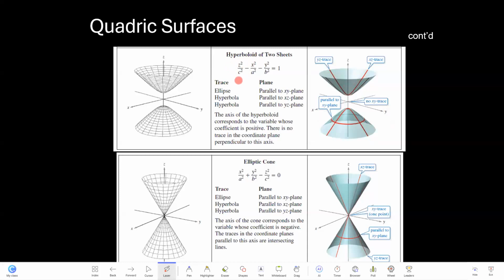If I change this, think about it. It's going to look like this: y squared over b squared minus z squared over c squared minus x squared over a squared equals 1. In that case, what's going to happen?